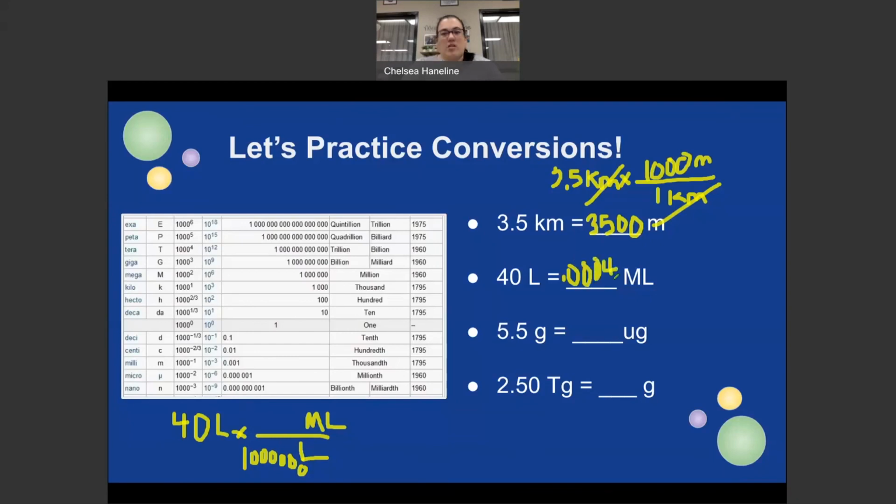Now try these next two and I'll just give you the answer so you can see if you're right. So 5.5 grams to micrograms.